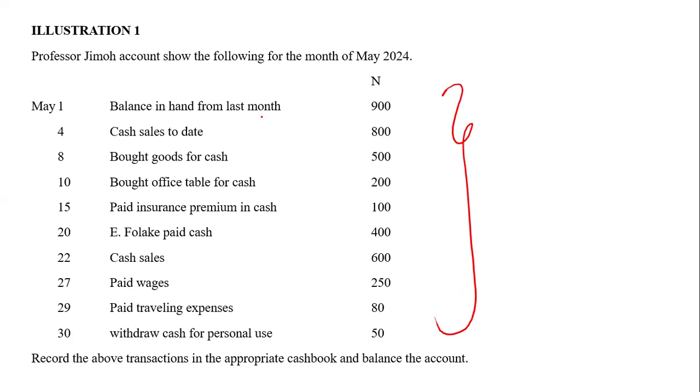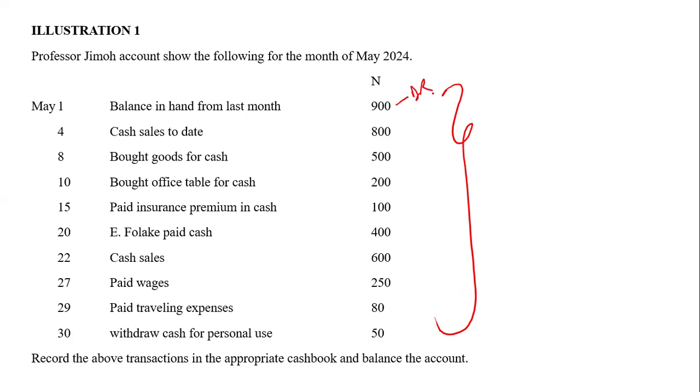This is the balance brought forward from last month, which is balance in hand. And you can see for cash, you cannot have it on the credit side because this money is physical, so it will be on the debit. Now, cash sales, we are going to ask ourselves, is it received?